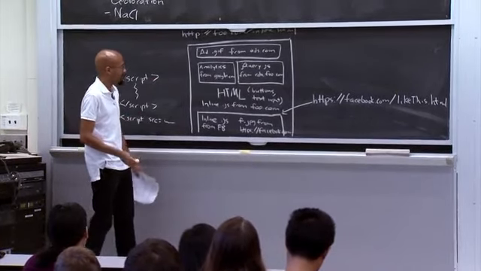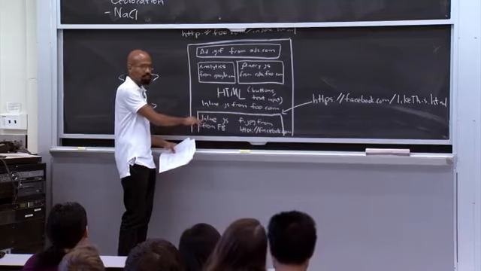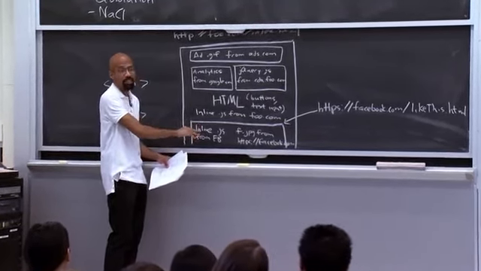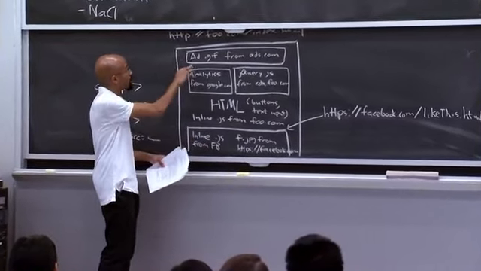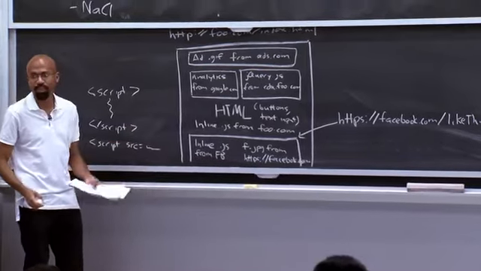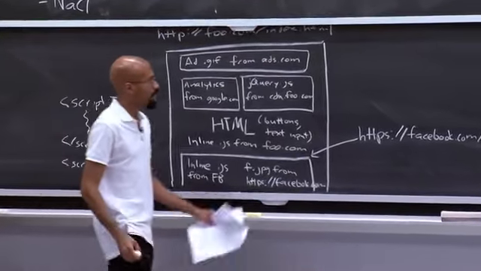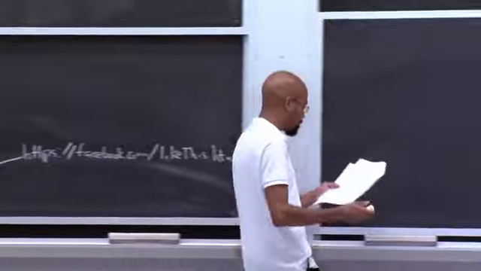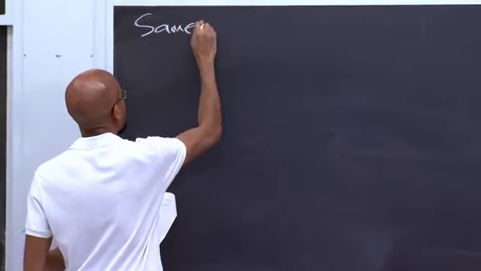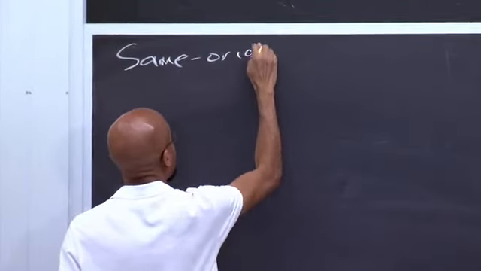Another question, too, is what's the relationship between this Facebook frame here and the larger frame, right? The Facebook frame is HTTPS, right, secure. Foo.com is HTTP, right, non-secure. So how should these two things be able to interact? So basically, to answer these questions, browsers use a security model called the same origin policy.